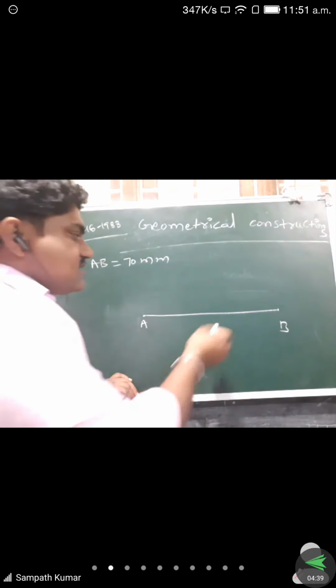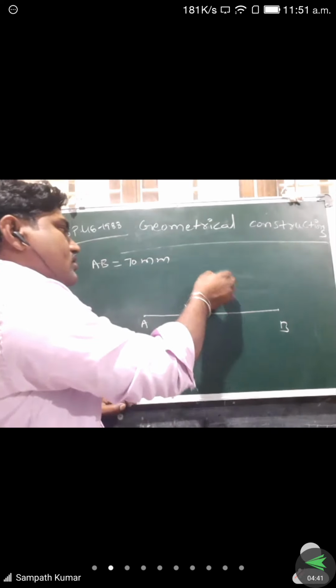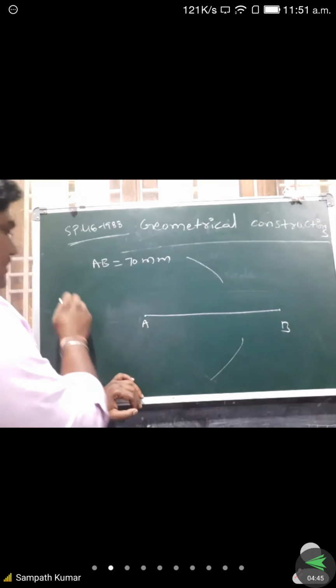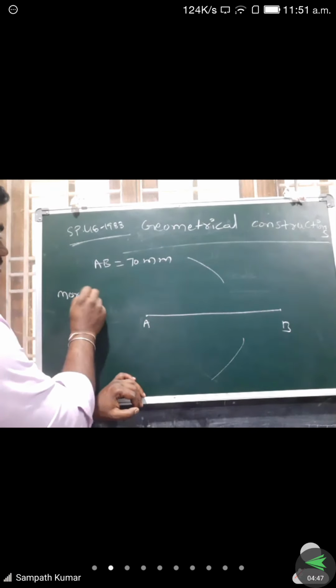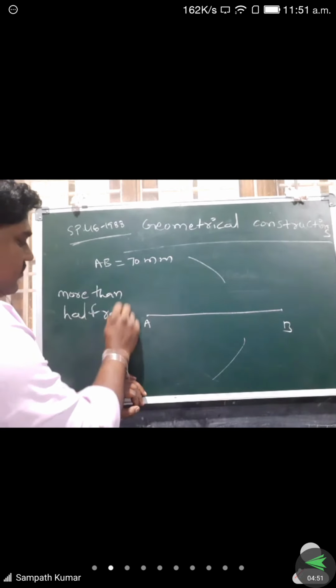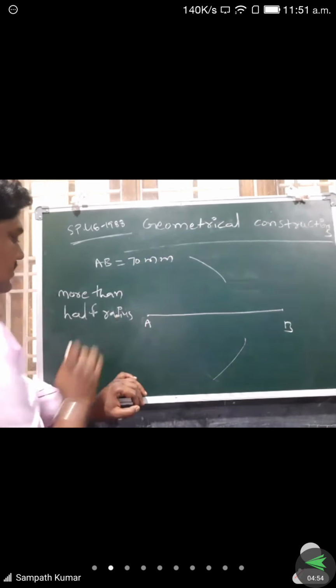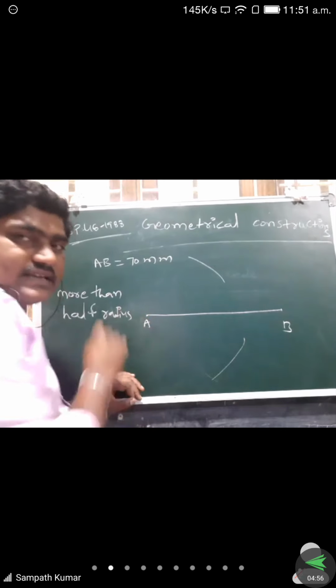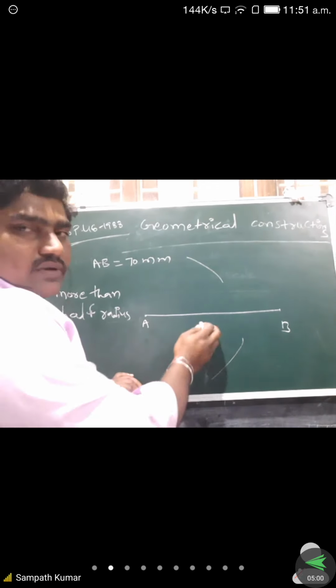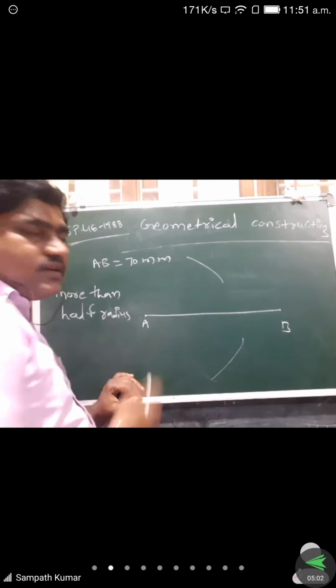Then we have to draw 2 arcs on both sides. Take more than half radius. Take A as a center. Draw the 2 arcs on both sides, below the line AB and above the line AB.